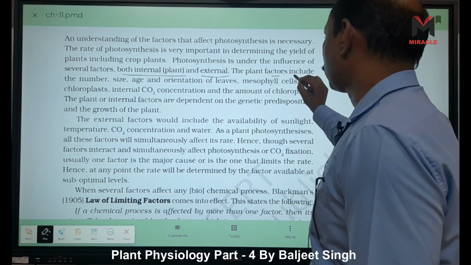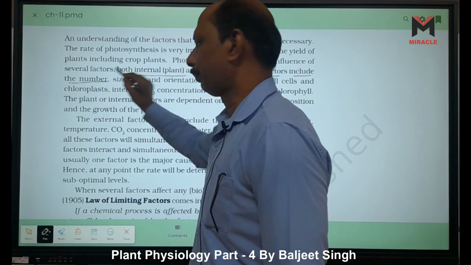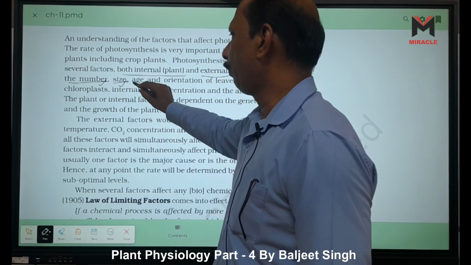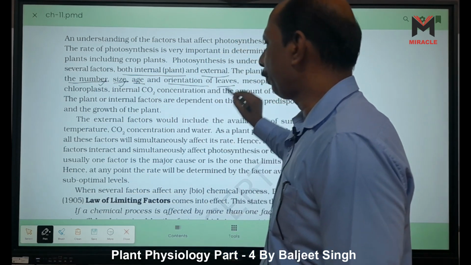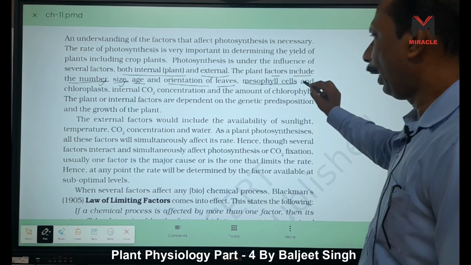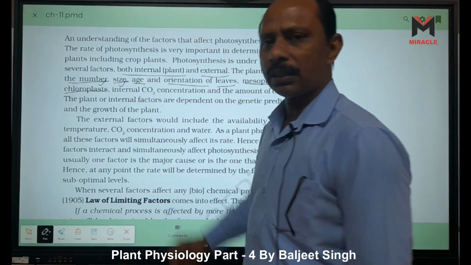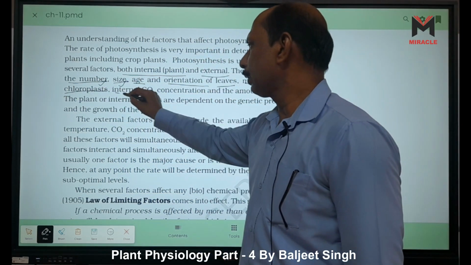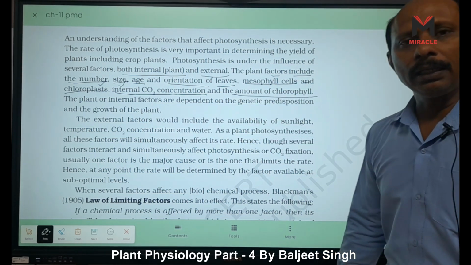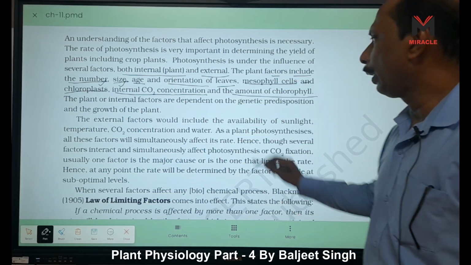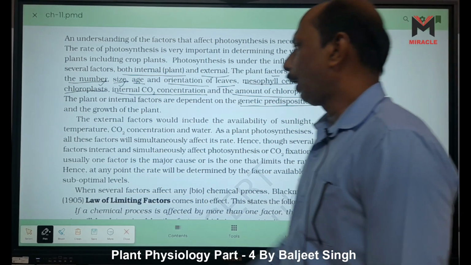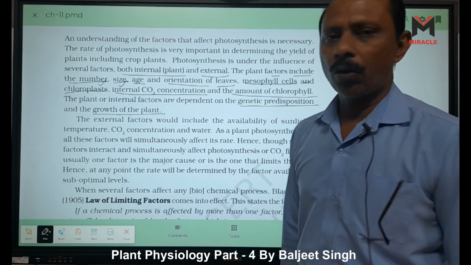The plant factors include the number and size of leaves, age of plant, orientation of leaf, that is phyllotaxy of leaves, mesophyll cells, and chloroplast, number of chloroplasts, internal CO2 concentration and the amount of chlorophyll.